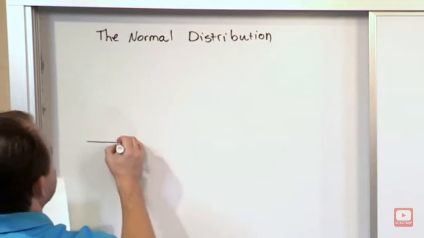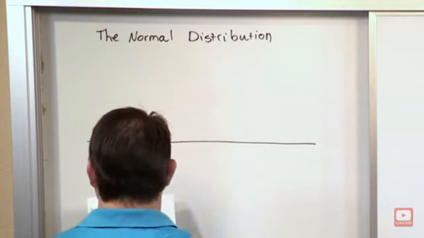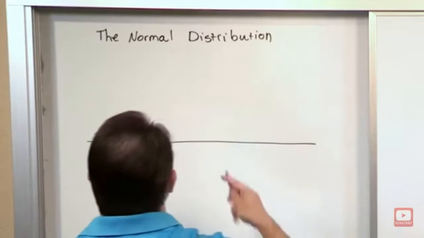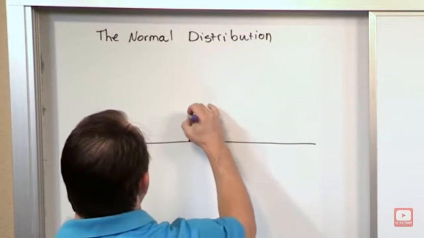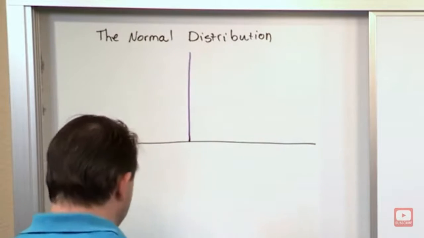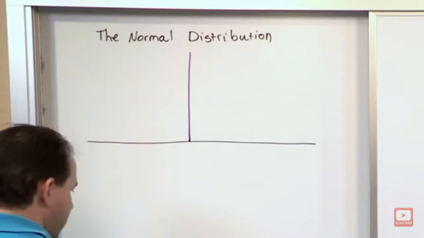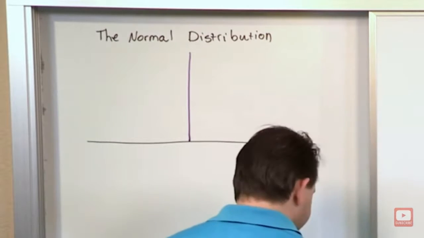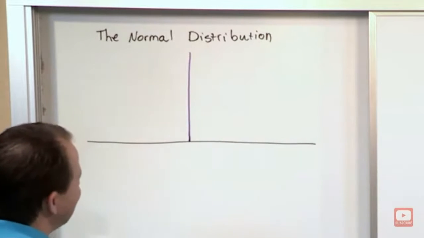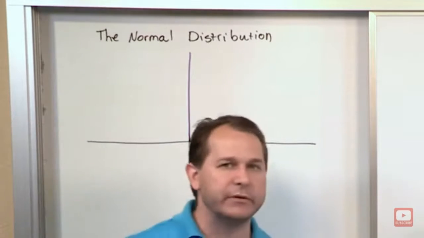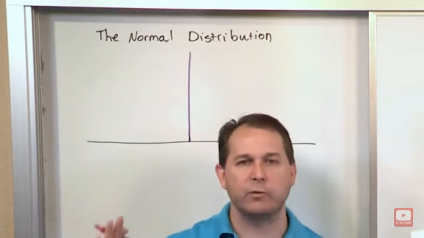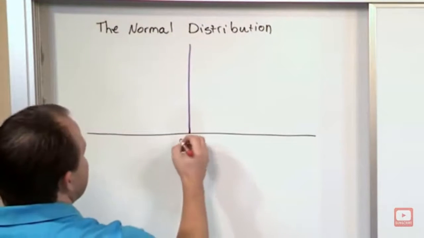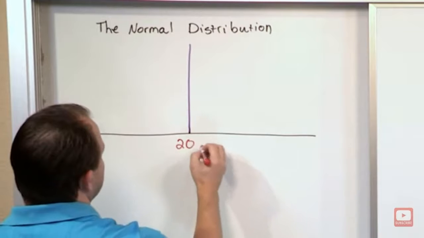So here we have an axis. And I draw a vertical line here. I'll do my best to draw, but I'm not a perfect artist. Now, for our watermelon, we're going to say that the average length, if we took a sample of 1 million perfectly ripe, farm-fresh watermelons, let's just say the average of the length is 20 inches.